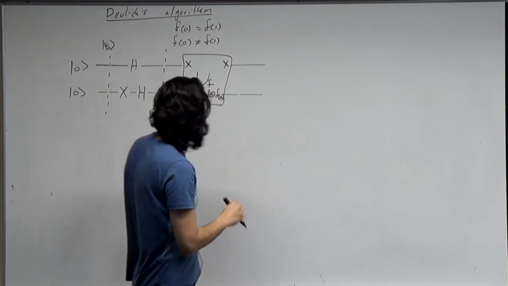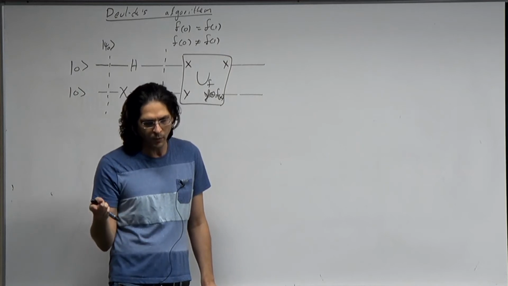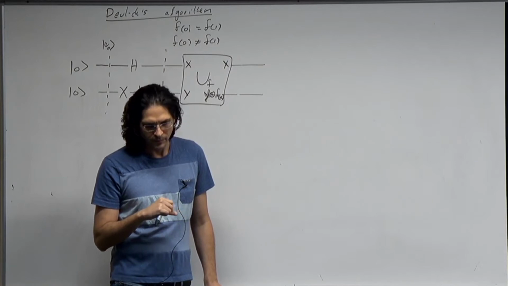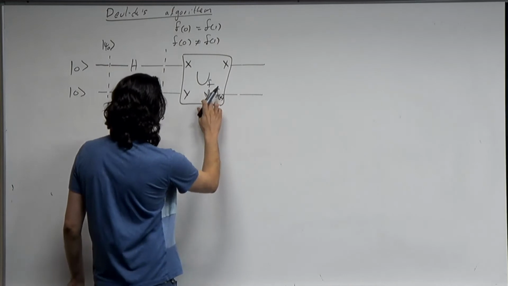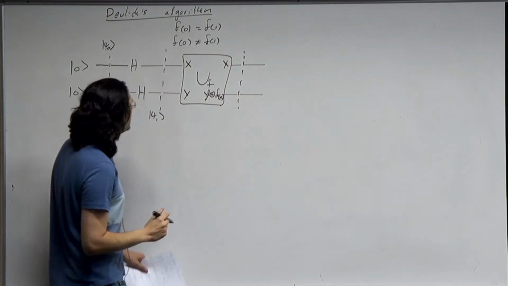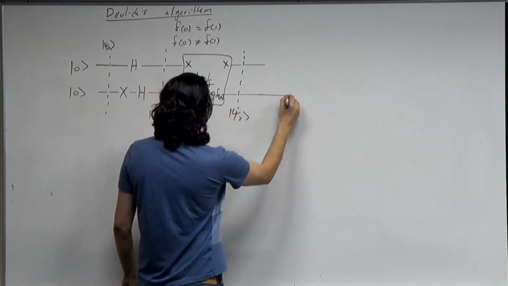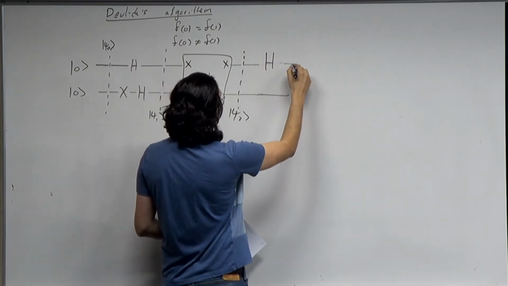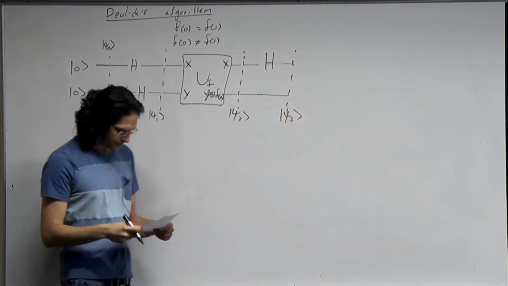So 0 plus 0 will be 0, 0 plus 1 will be 1, and 1 plus 1 will be 0. Then we will get here psi 2. And then we have one final operation, Hadamard, and this will be our final state, psi 3.